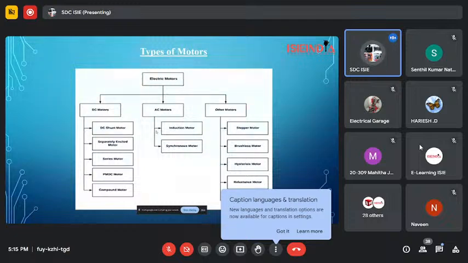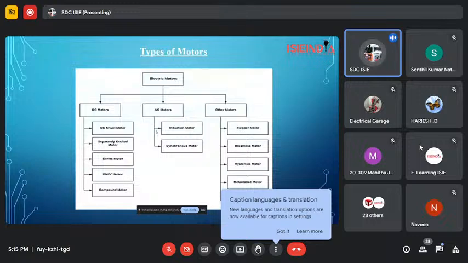And nowadays, there are combinations of some motors, like the compound motor, which can run on DC as well as AC. Nowadays we have also combined the brushless DC motor with the reluctance motor, or the synchronous motor.